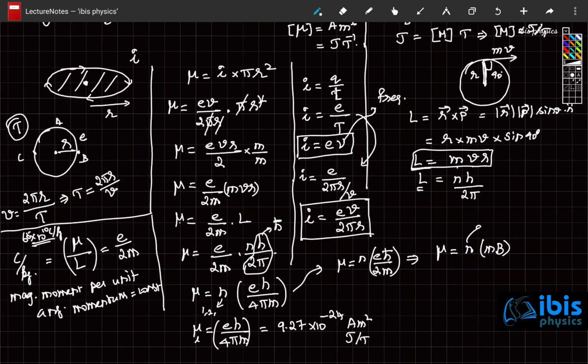So the possible magnetic moment values, with n being 1, 2, 3, etc., are: the magnetic moment due to the orbital motion of an electron can be mu B, or 2 mu B, or 3 mu B, etc. Since the magnetic moment cannot take all values but only integral multiples of Bohr's magneton, the magnetic moment is said to be quantized. Like electric charge, the magnetic moment of a revolving electron is also a quantized quantity.